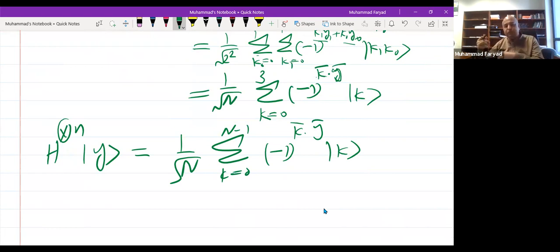Some would be plus, some would be minus, depending exactly on this bit state y, because there's a k dot y. And if y is 0, this term goes away, and we have the usual Hadamard transform of all 0 states. Any question about this general Hadamard transform?